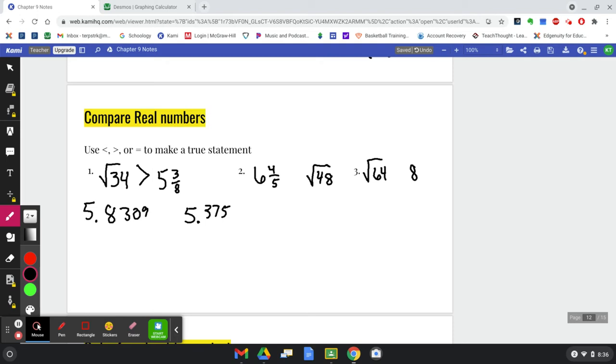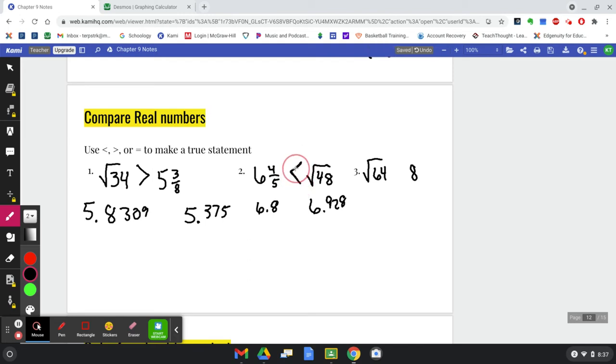Now, if we look at the next one, 6 and 4/5: if I did 4 divided by 5 on my calculator, I get 6.8. And if I do the square root of 48, we should be able to approximate that. The square root of 49 is 7, so it's going to be close to 7. On my calculator, it's 6.928, so the 6.9 is greater.